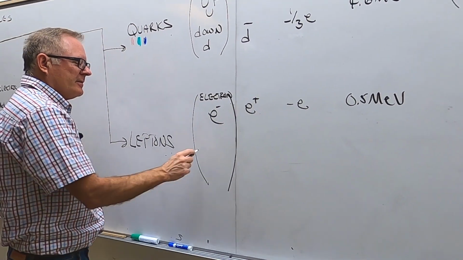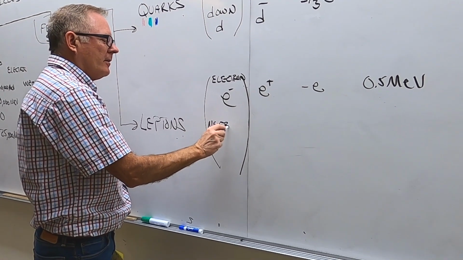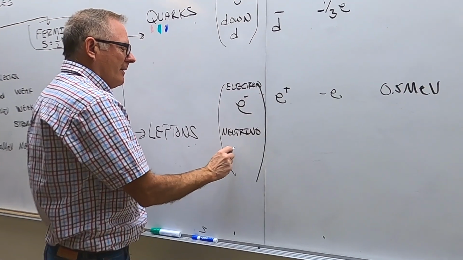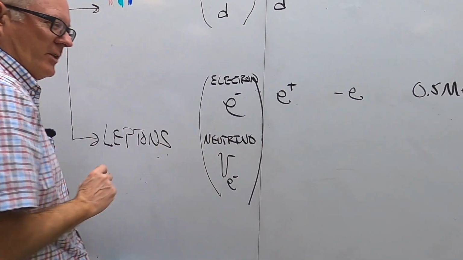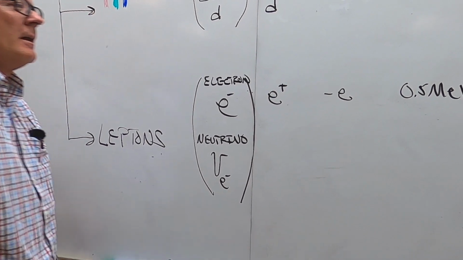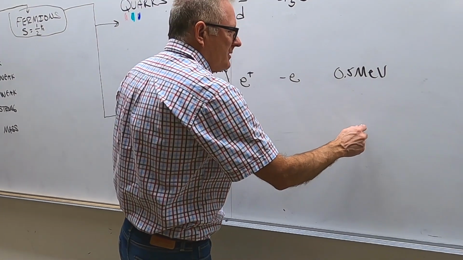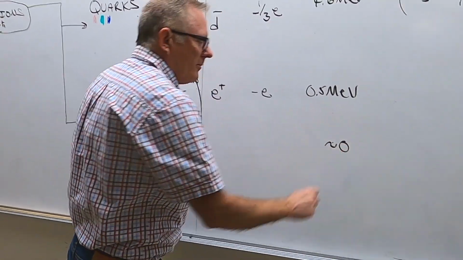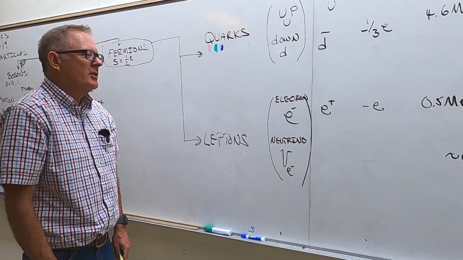And then there's something called the neutrino. They use that symbol for the neutrino, and it's the electron's neutrino. Now, this mass is so small that we're just going to assume it's about 0. So anytime we see a neutrino, we can assume the mass is 0.